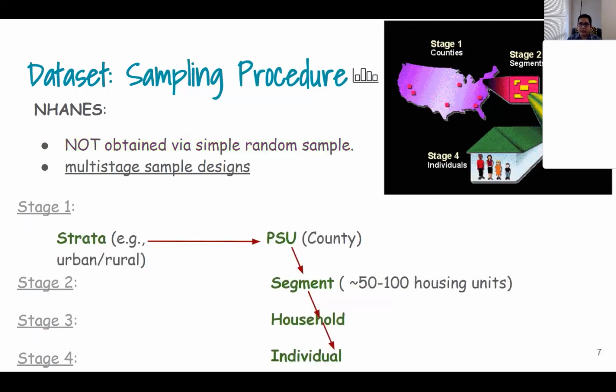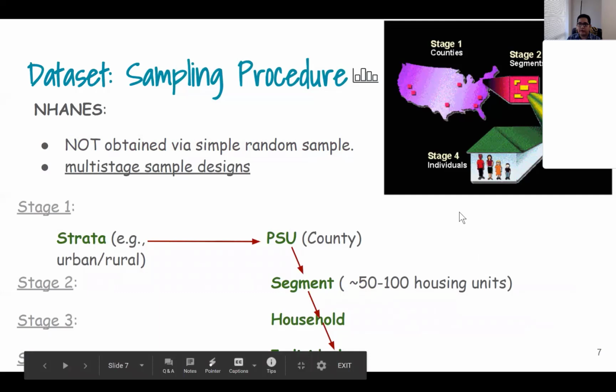To summarize, the strata and PSU, or the clusters, are determined in stage one, and then we select some PSUs. From those PSUs, we select some segments, which means some household units together. From those segments, we select a household, and from those households, we select an individual in step four.